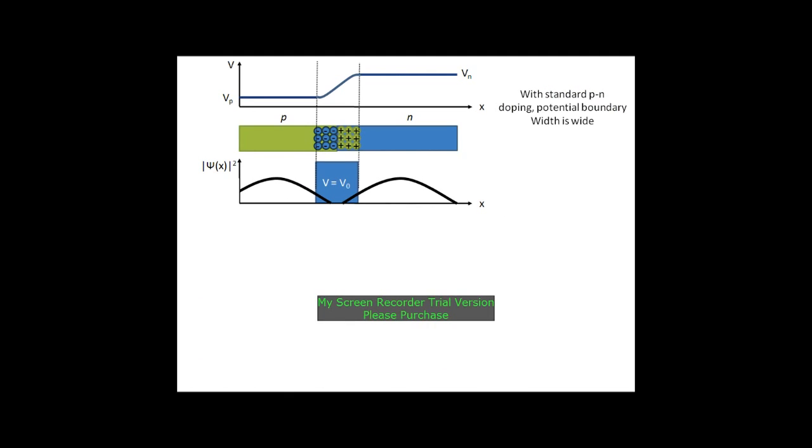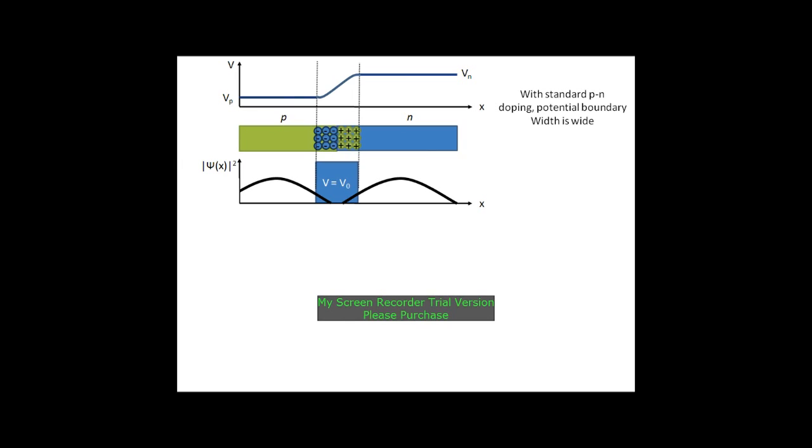So if we look at the case of a standard doped p-n junction, we can assume that the electrons in the p region and in the n region, if we look at them as isolated cases, are like electrons in a particle in a box, let's say.